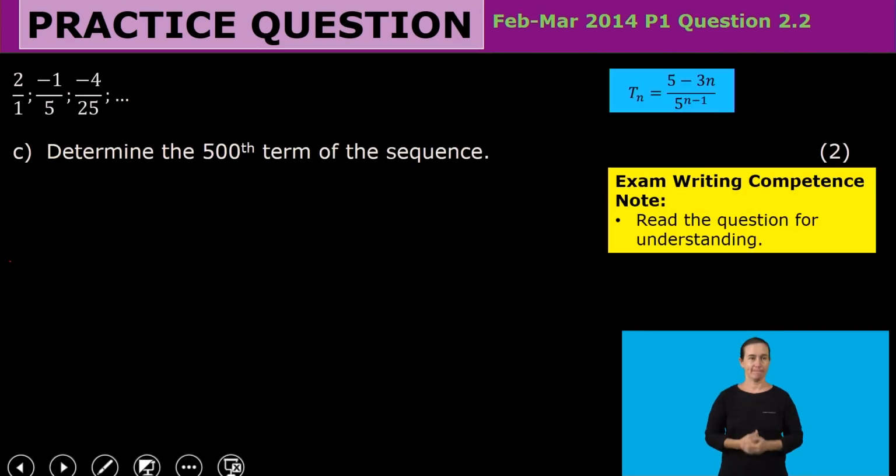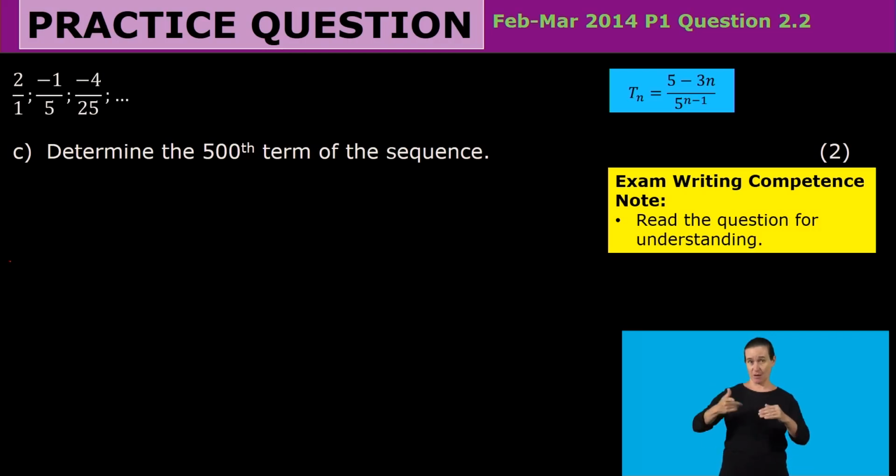Let's go over to the next question, where we are still working with the same sequence. And remember, for our Tn, the nth term, we found that it is 5 minus 3n as the numerator and 5 exponent n minus 1 as the denominator. It says determine the 500th term of the sequence.